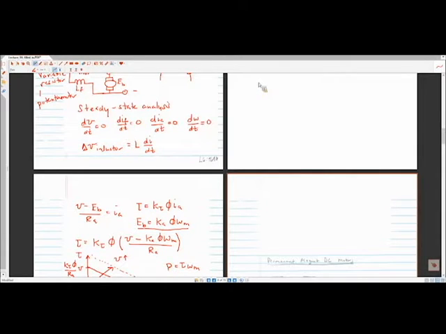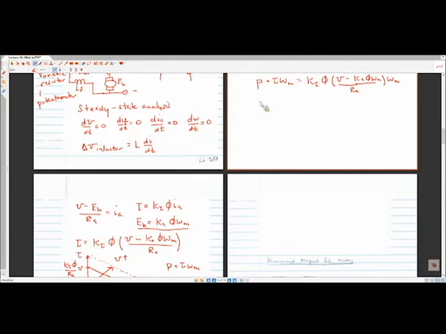P is equal to tau omega m, which means we're going to have k tau phi, V minus ka phi omega m over Ra, all over Ra, times omega m, right? How do we find the peak of some function? We take the derivative with respect to the variable we care about and set it equal to 0.